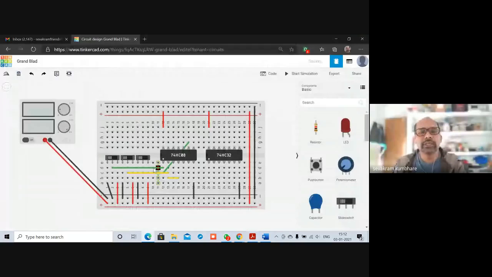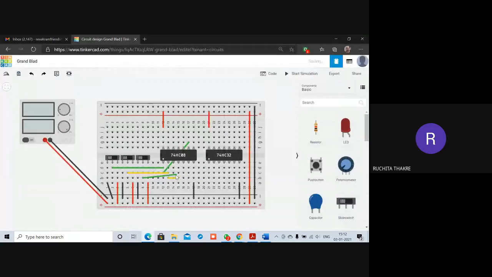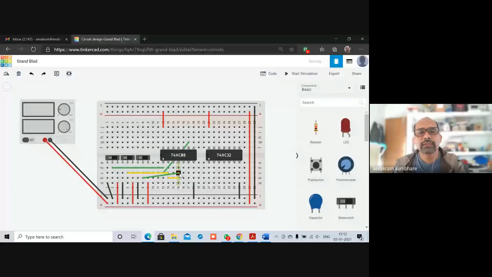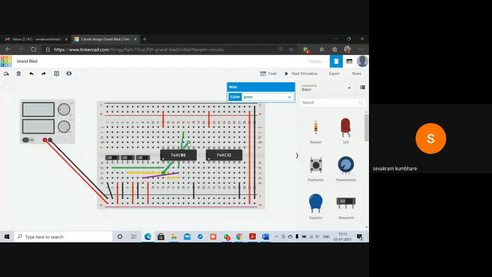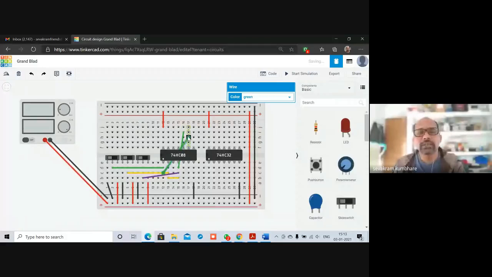Then input C is connected to gate 2 as well as gate 3. So input C I'm connecting to gate 2 as well as gate 3. This is gate 3. This is also gate 3, right? And this is gate 2.